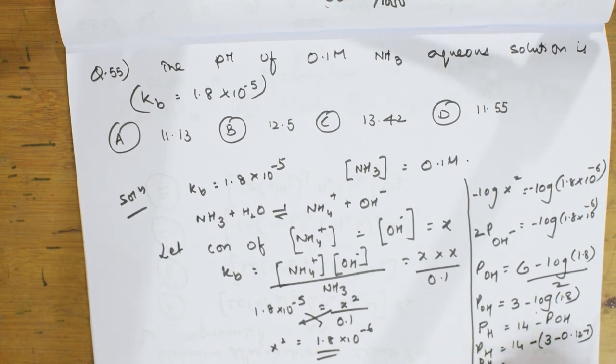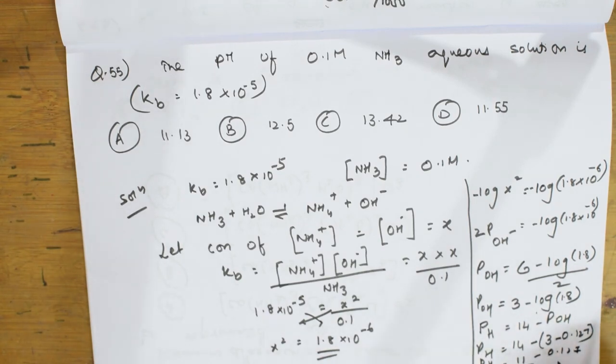So pH is equal to 14 minus pOH, minus of minus, isn't it? So this is 11 and this is 1 point minus 0.127. So when I subtract this, minus into minus plus, okay, so I get an answer of pH almost 11.13.